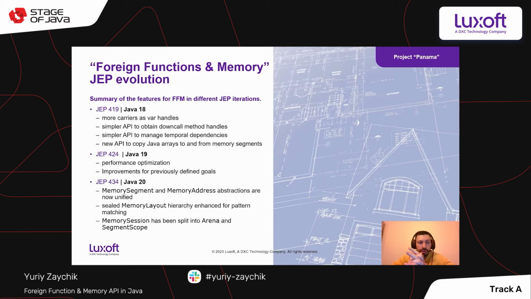In Java 19, there were no new features, only some performance optimizations and improvements of the already defined features and goals. And finally, in the latest release, Java 20, the memory segment and memory address abstractions were unified.